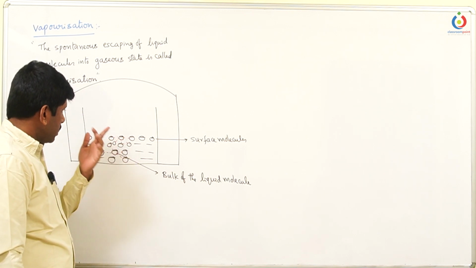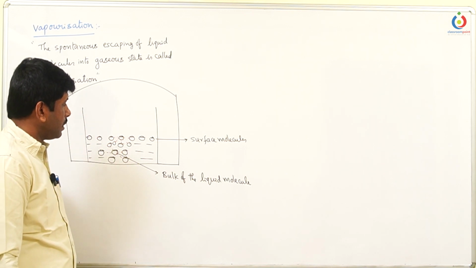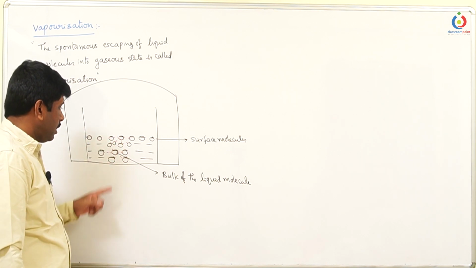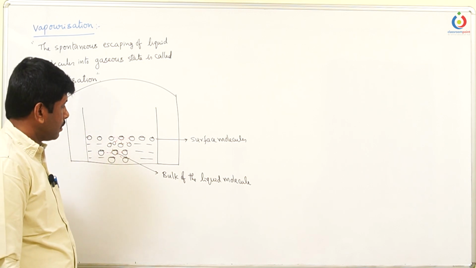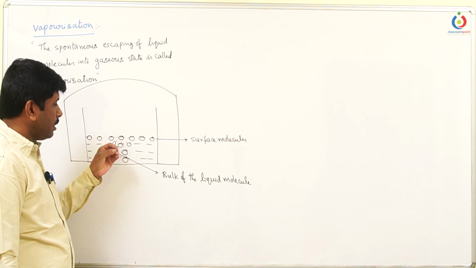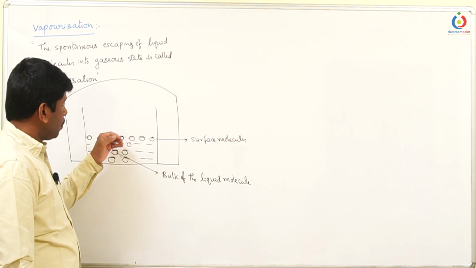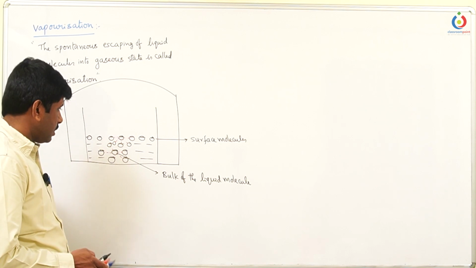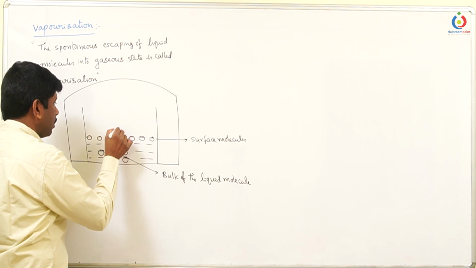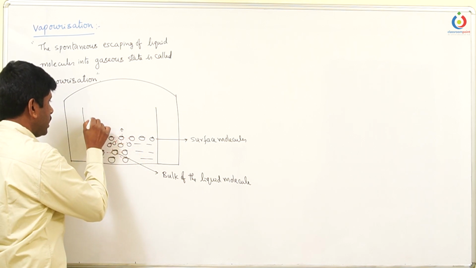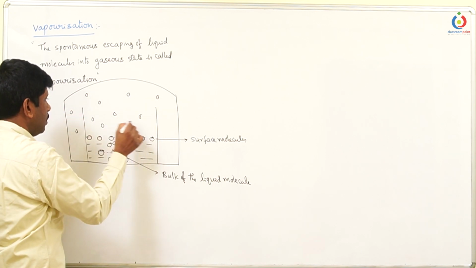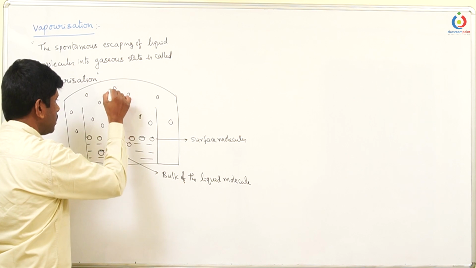Since intermolecular attractions are less for the molecules on the surface of the liquid, they have higher kinetic energy compared to the molecules in the bulk. Whenever kinetic energy is more, they need very little or negligible energy to go into the vapor or gaseous state, so the surface molecules start going into the gaseous state in the form of vapor.